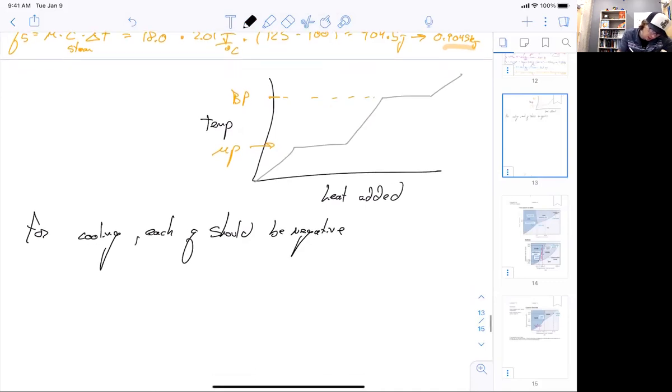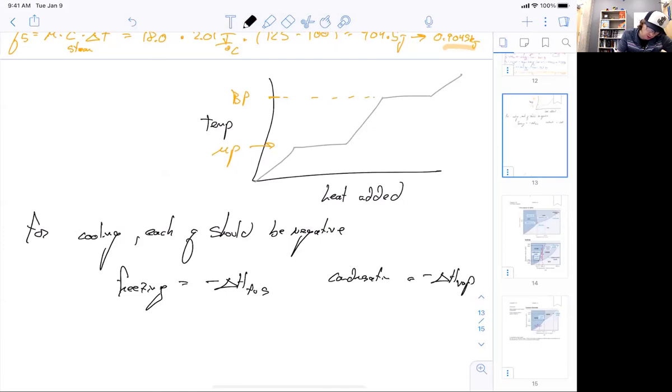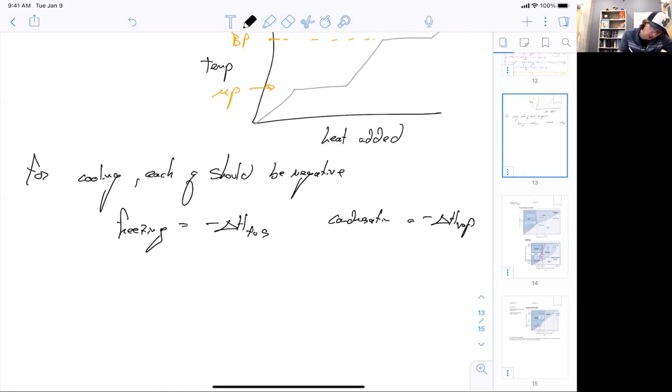And that's because freezing is a negative change in enthalpy of fusion, and condensation is a negative enthalpy of vaporization.